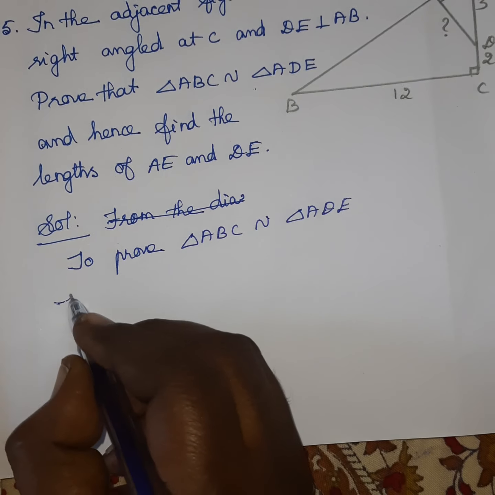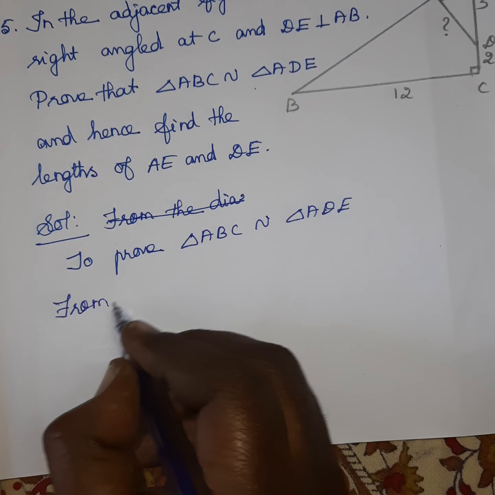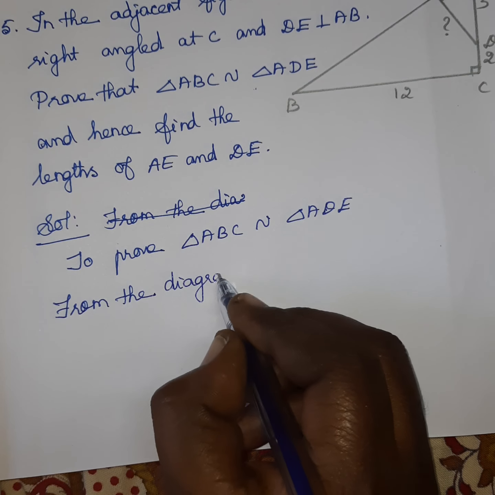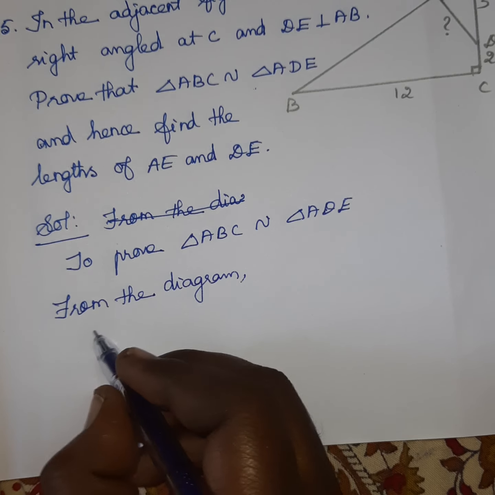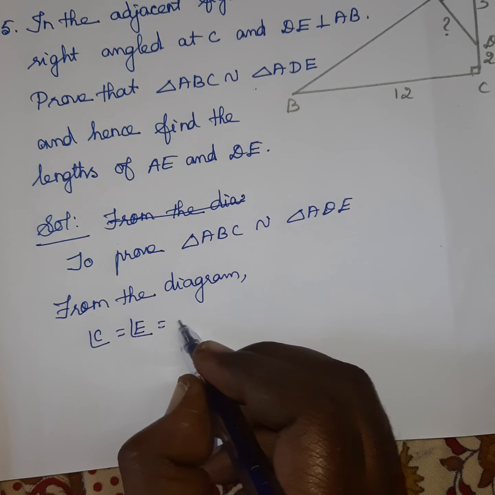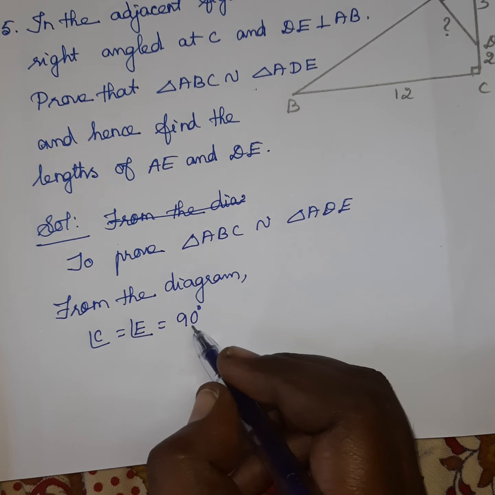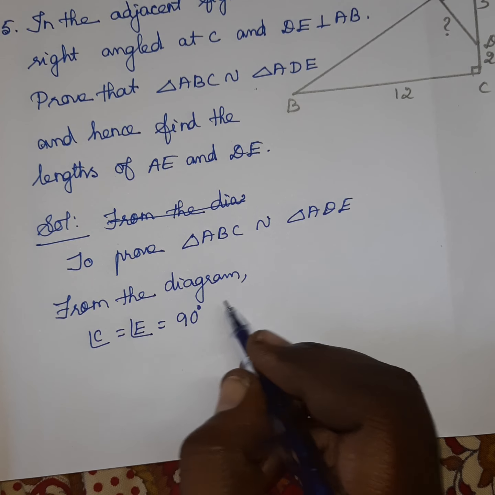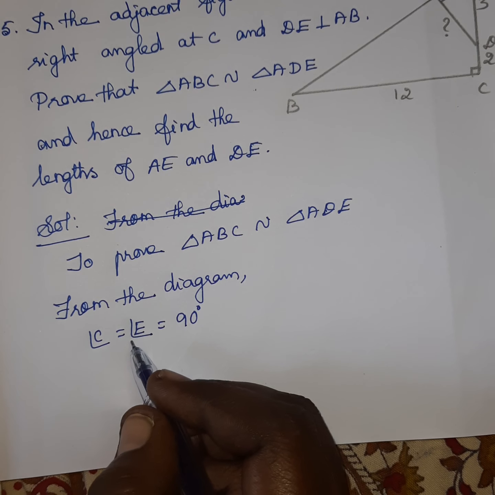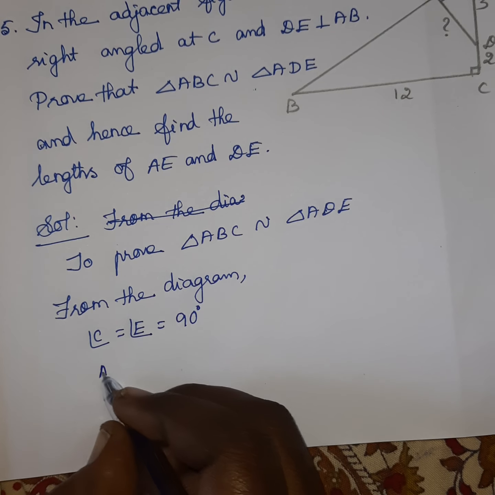Now from the diagram, angle C is equal to angle E, that is equal to 90 degree. These two are given in the question and under the diagram, so no need to write it. Next one, angle A is common.